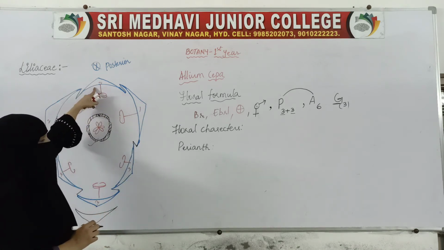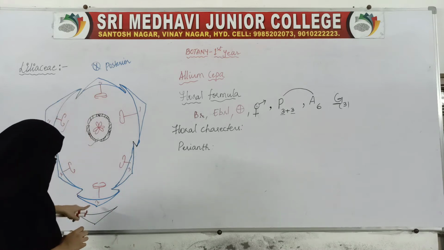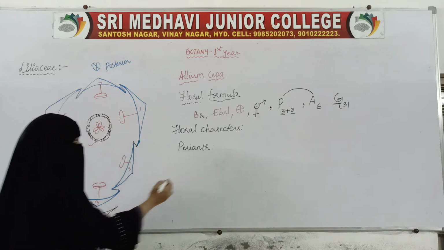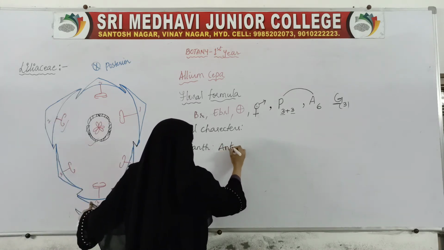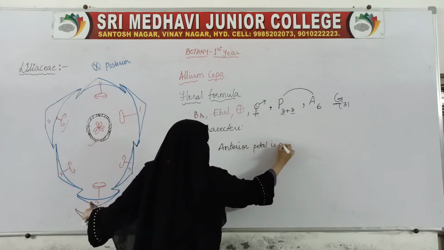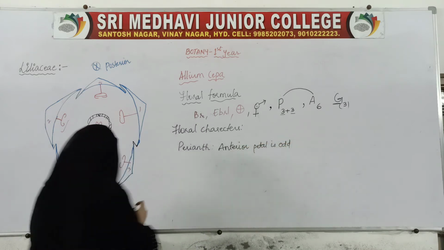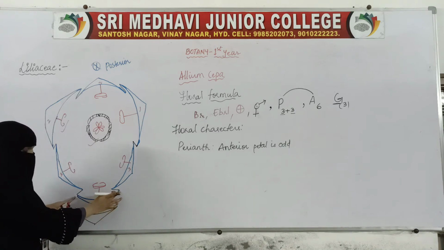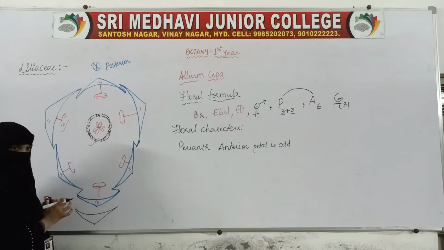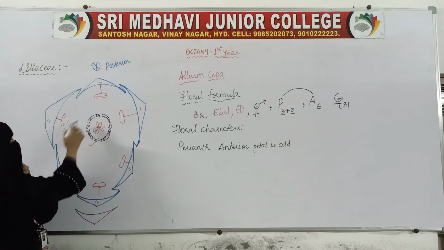In this one, this is the anterior tepal, this is the anterior one. Anterior tepal is odd. This one is the odd one, this tepal is overlapping these ones. So this is the odd one at the anterior side from the outer row.